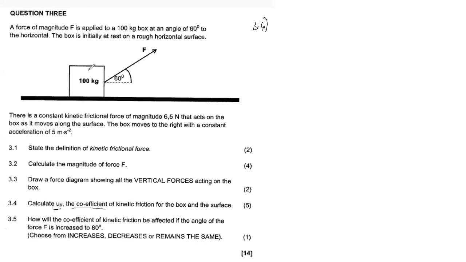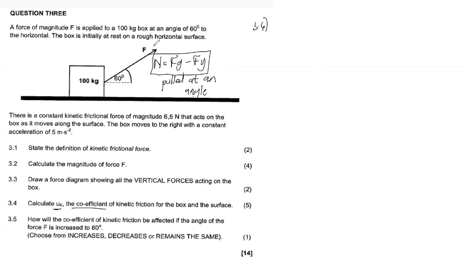Since this is being pulled at an angle, the formula for the normal force becomes Fg minus Fy. This is the formula you use if an object is being pulled at an angle.